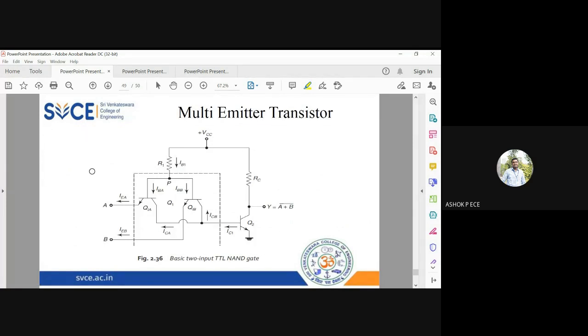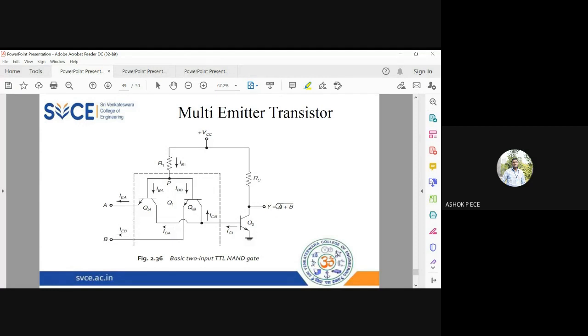See here, this is the diagram for a simple TTL NAND gate, showing how to implement a NAND gate using a multi-emitter transistor. This is a basic two input TTL NAND gate, and you see here you have transistors Q1A, Q1B, and Q2. The output I am going to take from the collector of Q2 is equivalent to the NAND gate, which is AB whole bar.